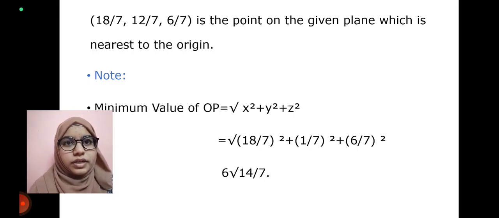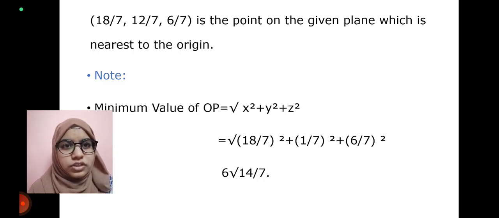And so we get the point 18 by 7, 12 by 7 and 6 by 7 as the point on the given plane which is nearest to the origin.